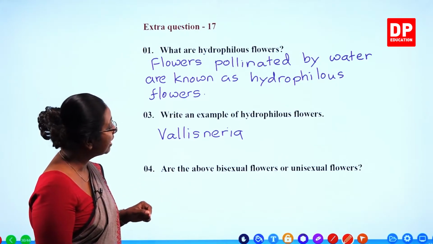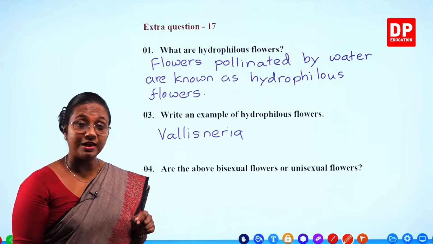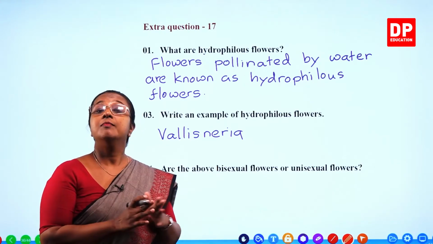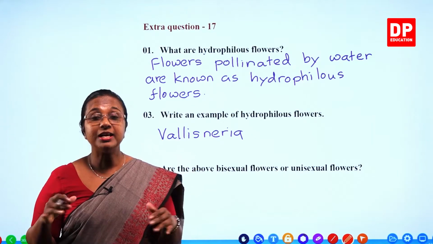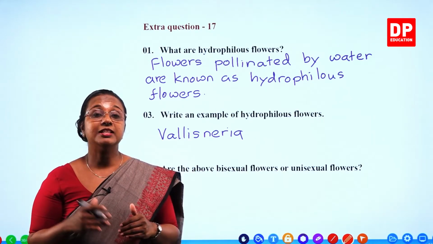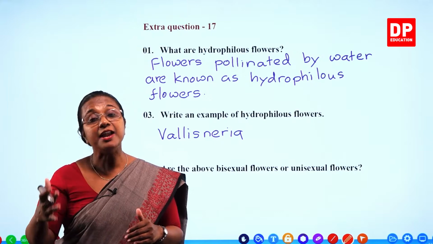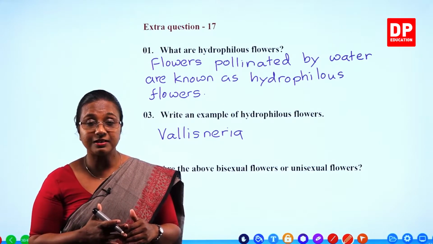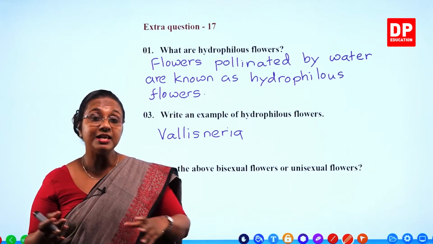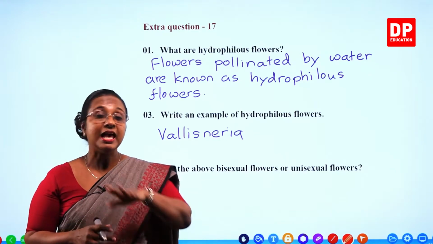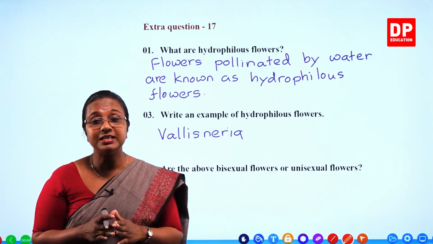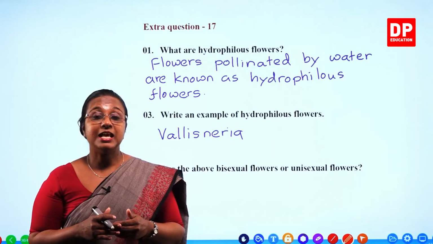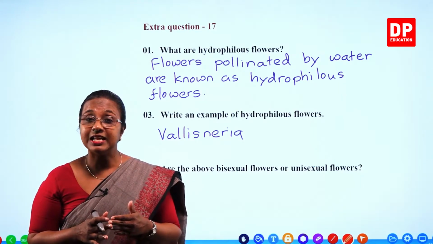Are the above bisexual flowers or unisexual flowers? You all know how pollination occurs by water. When the flowers are matured, the staminate flower, that is the flower that possesses the androecium, the male reproductive structure that contains the pollens, detaches from the plant and floats on the surface of the water. There it comes in contact with the pistillate flower, that is the flower that contains the gynoecium.